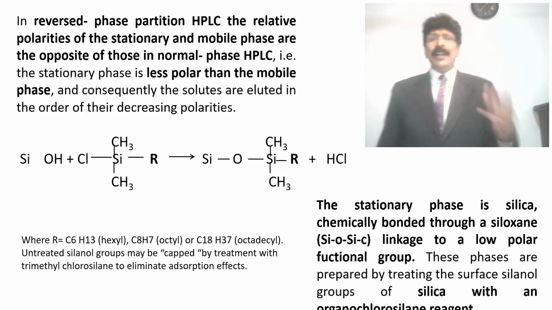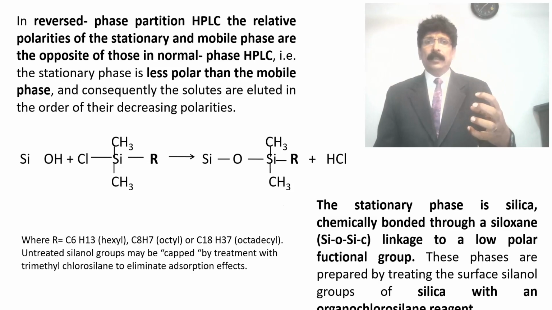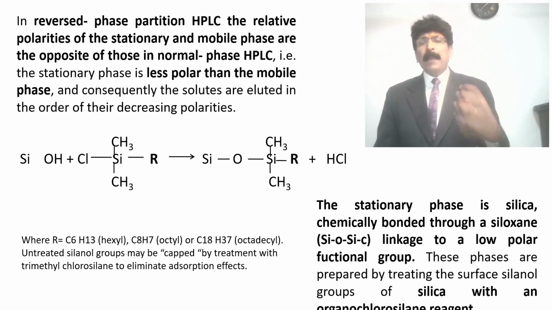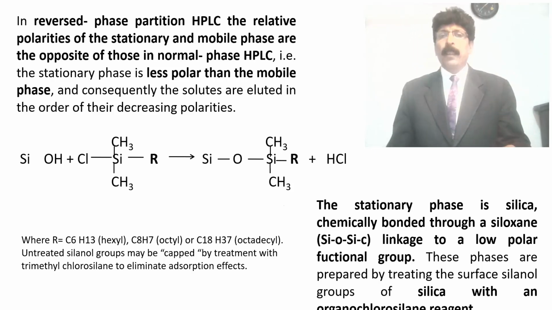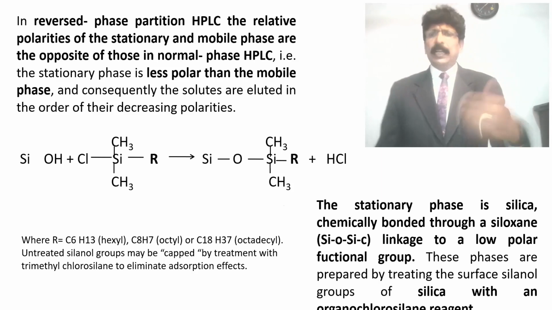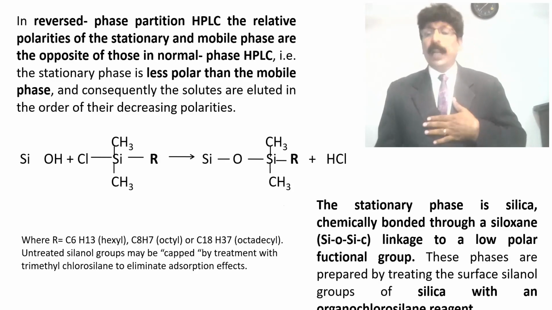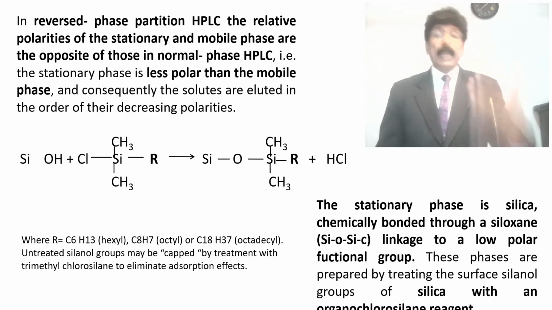So the student should know that we can prepare bonded silica by using organochlorosilane. It is a technique. Nowadays advanced techniques are available. Ready-made columns are available, already prepared with the stationary liquid you are interested in for your separation.